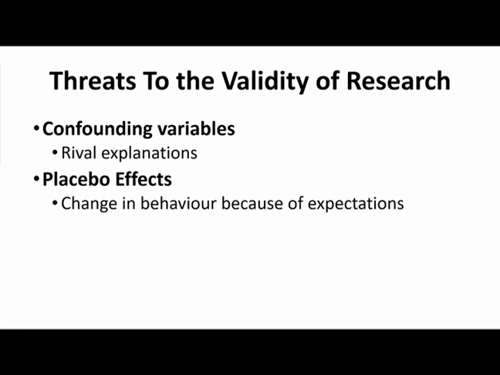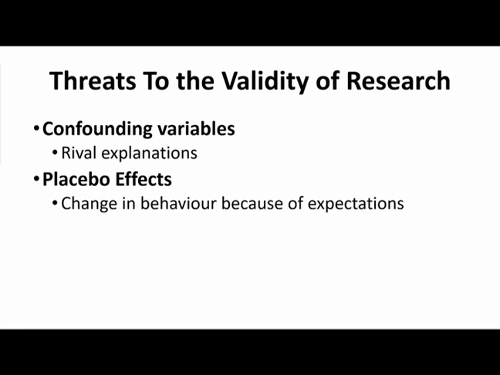And this can happen mostly when we see that people's behavior starts changing because of expectations. So for an example of a placebo effect, maybe as a kid, whenever you would fall and hurt yourself, your mom would kiss your boo-boo to make it better. And because she told you that her giving you a kiss would make it better, you believed that and thought that you were feeling better.